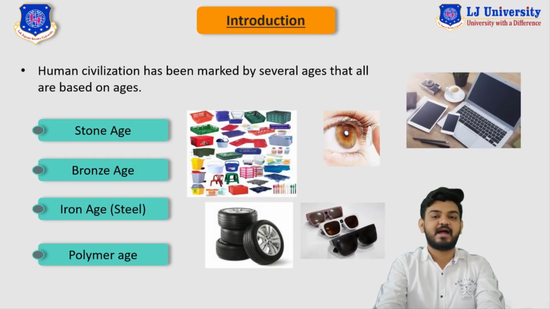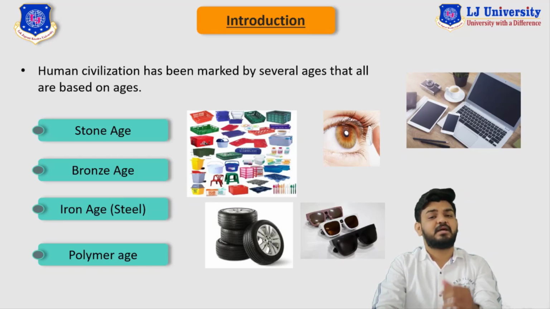Either if we talk about day-to-day use of the plastics, or if we discuss the electronic gadgets that we use in our day-to-day life, either it can be mobile phone, laptop or the television, all are being derived from the polymer only.